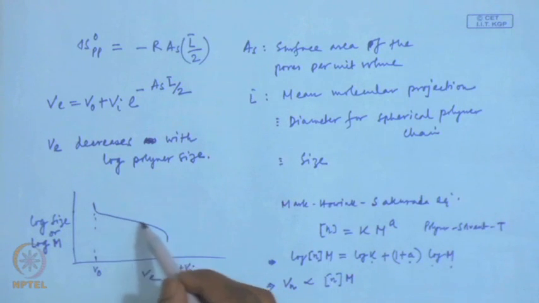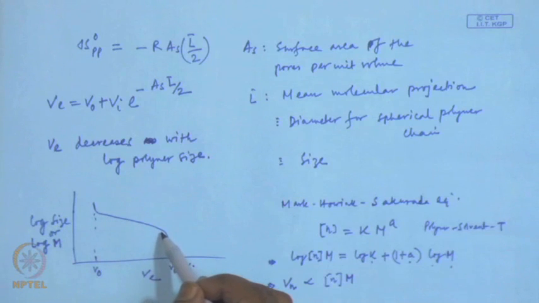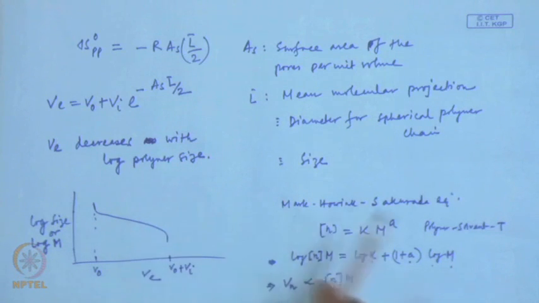So, this is the linear region where the polymers get separated.